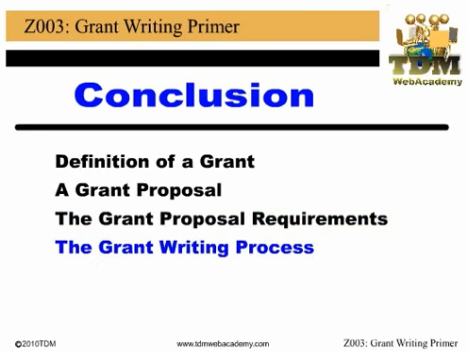Finally, we provided an overview of the grant writing process, which includes identify a need, define the concept, research funding sources, identify funding sources, review requirements, research previously funded projects, complete grant application proposal, submit application, accept grant award, implement project, evaluation. That concludes our presentation on the grant writing primer.